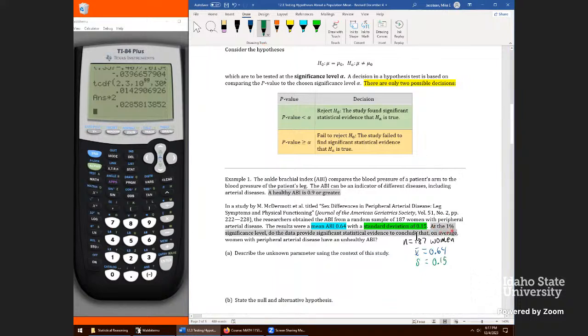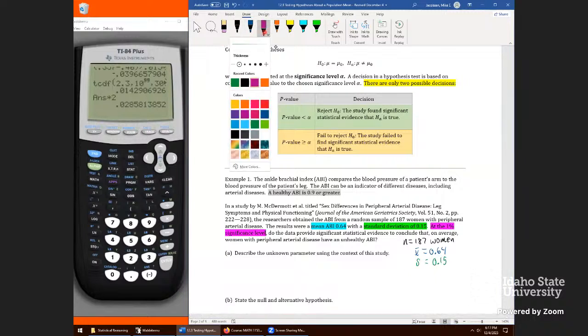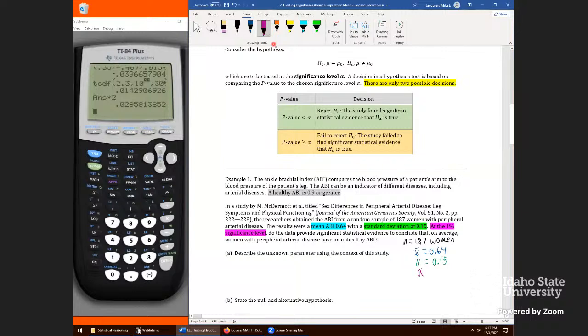They even give us more. Now they say at the 1% significance level, here they're giving us the value we typically write in as alpha. So let's put in alpha as, it's best to convert this from the percentage to a decimal number, so 0.01. Now they ask us the question, do the data provide significant statistical evidence to conclude that, on average, women with peripheral arterial disease have an unhealthy ABI? That's definitely a research question, and that's confusing.